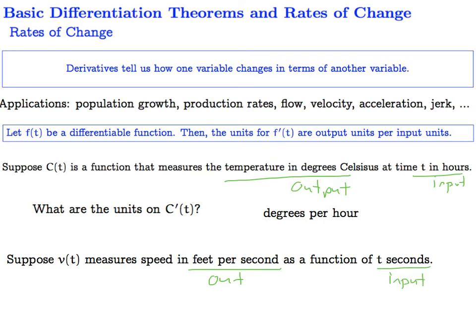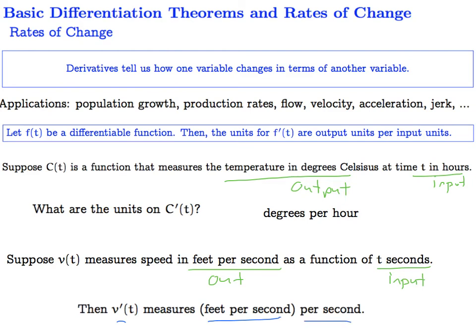It already is a rate, a derivative, a per. And our input unit is seconds. So then our derivative v prime of t will be measuring things in feet per second per second. So there's two pers there. That's fine. We can put as many complicated things in there as we want. We just have to remember it's always going to be our output unit per our input unit.